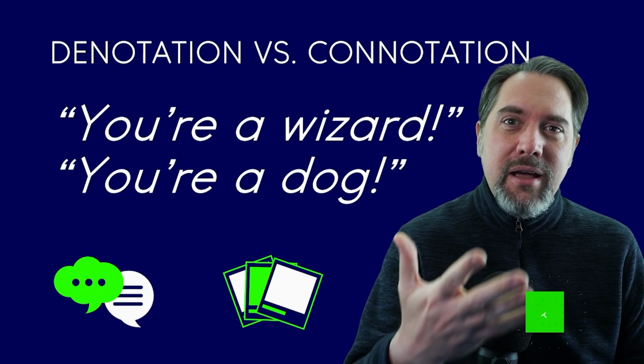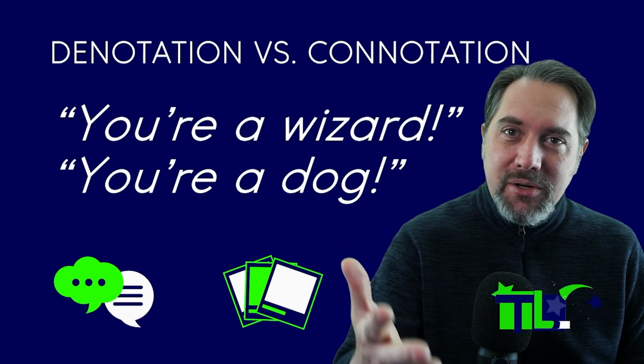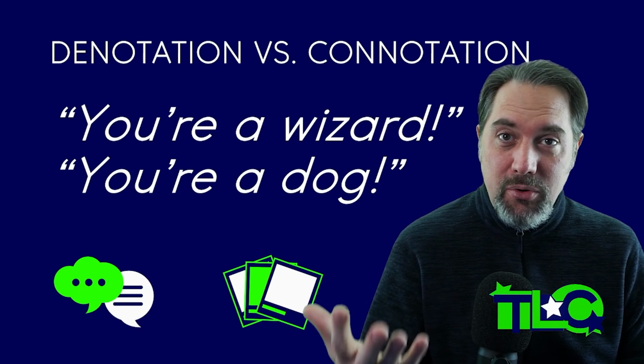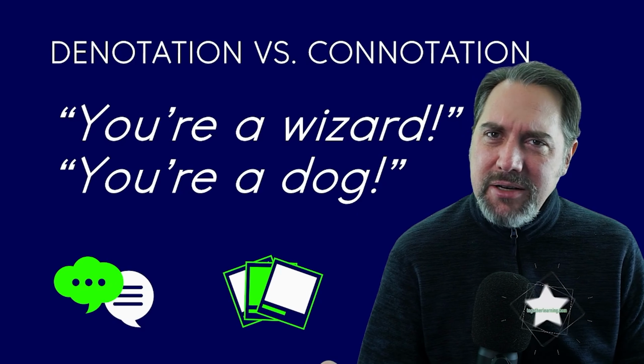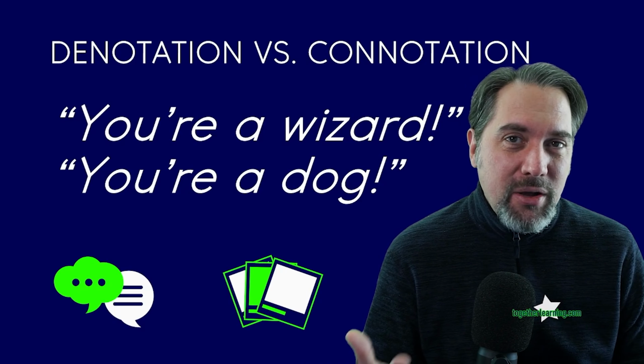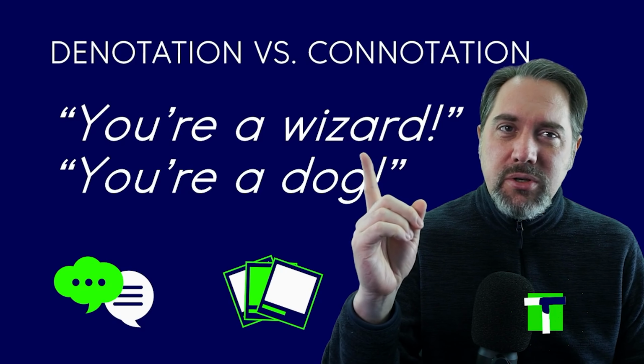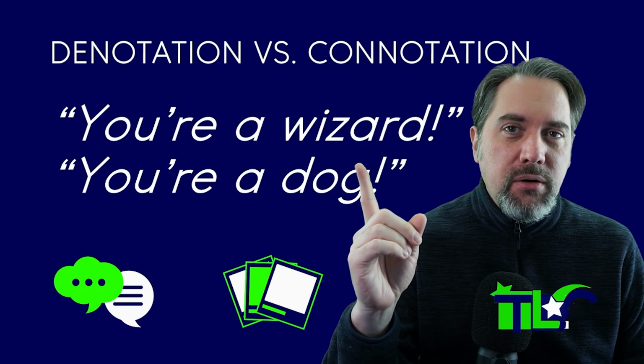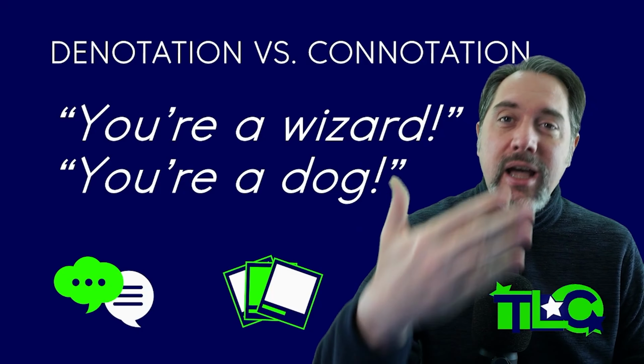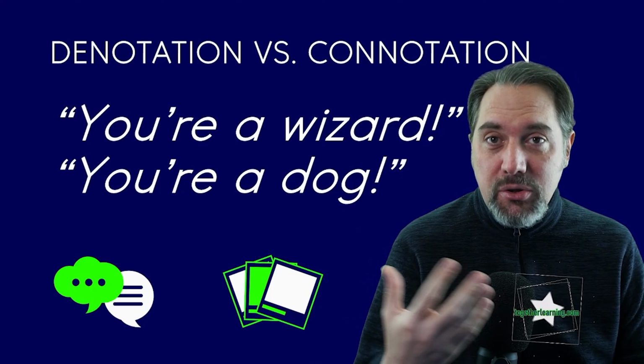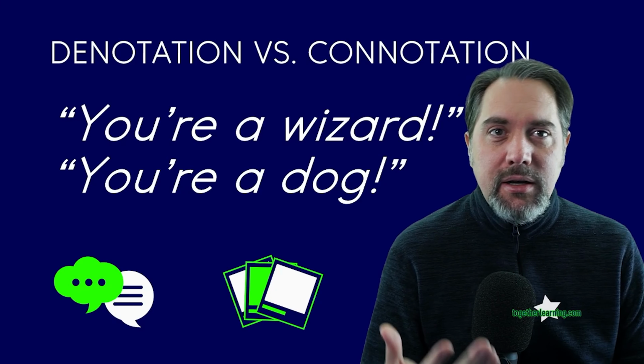You are a person that can do magic, which of course can't be real, right? You're not really a wizard, but wizard also is a connotation for other meanings outside of the literal definition you would see in the dictionary.